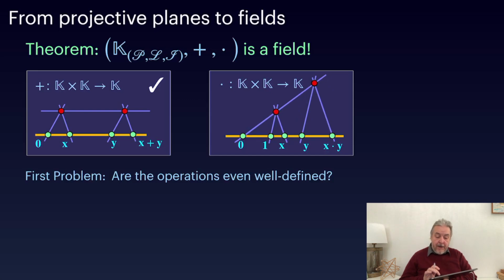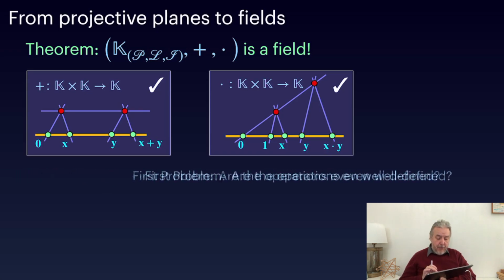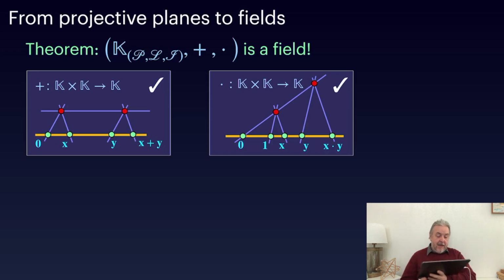So all in all, the multiplication is also well defined. So far we didn't take care of field axioms. So we essentially solved our first problem. So let's face the next one.